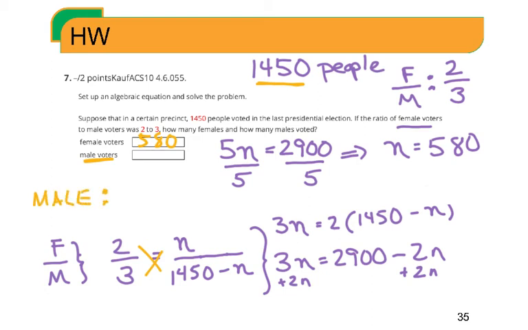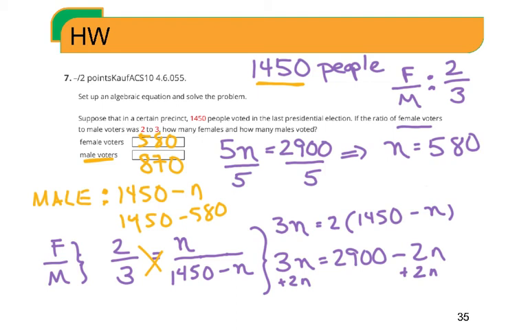Well, that was 1450 minus N. So 1450 minus 580 is 870. And make sure, are there more men than women? Yes.